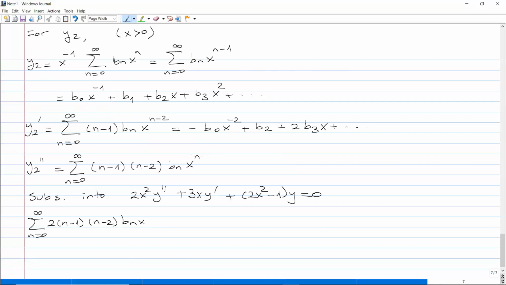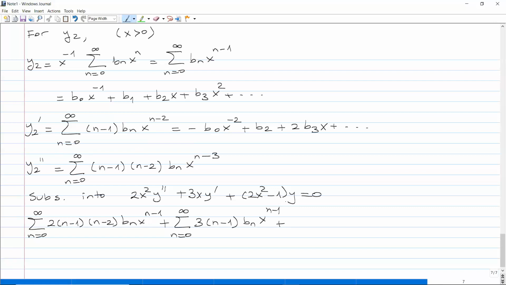I'm taking the derivative. So the derivative of x to the n minus 2, n minus 2 comes down, the power is n minus 3. So here the power is n minus 1. Plus the derivative, we multiply with 3x, and from 0 to infinity, 3(n minus 1) bn x to the n minus 1.